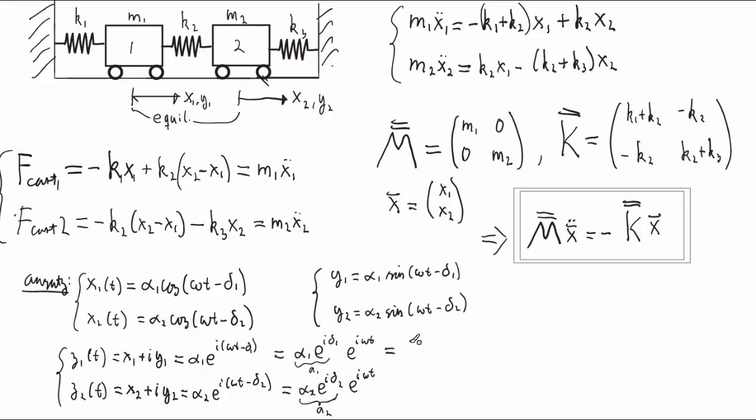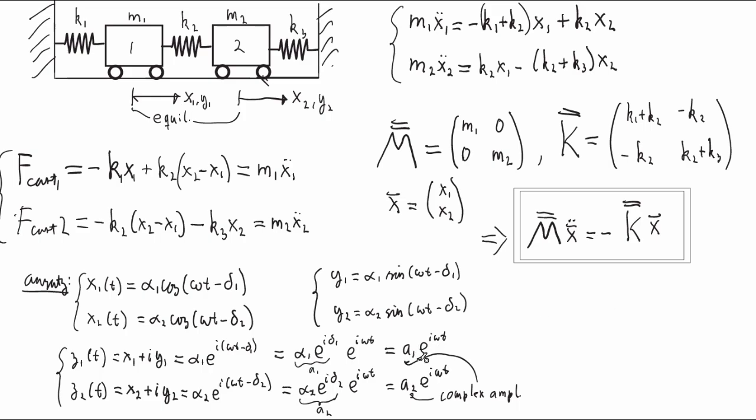So that means that the solution can be written as A1 times e to the i omega t for z1, and A2 times e to the i omega t for z2. And like I said, A1 and A2 are known as complex amplitudes.